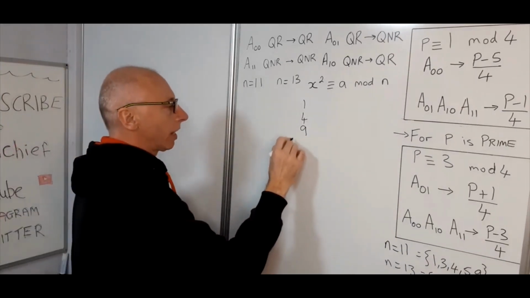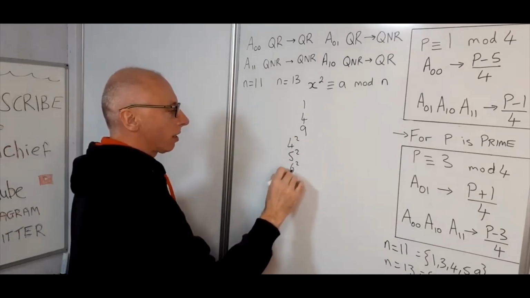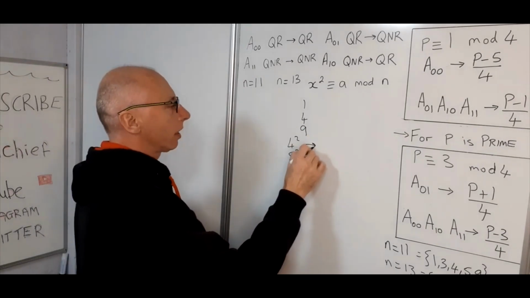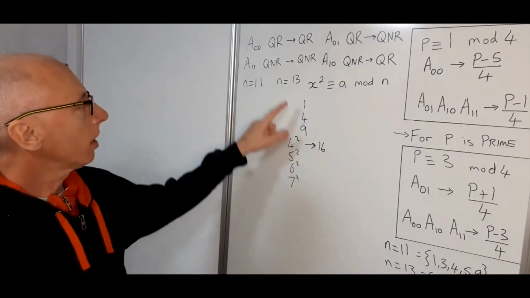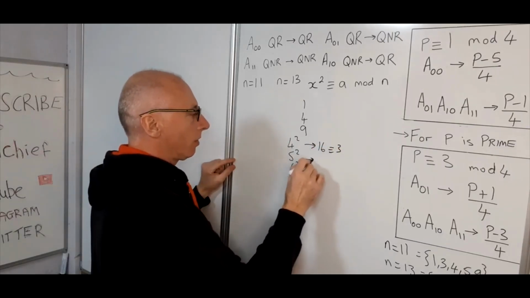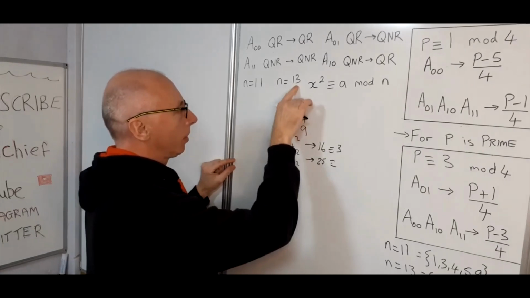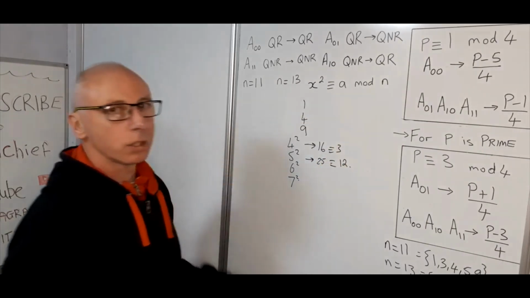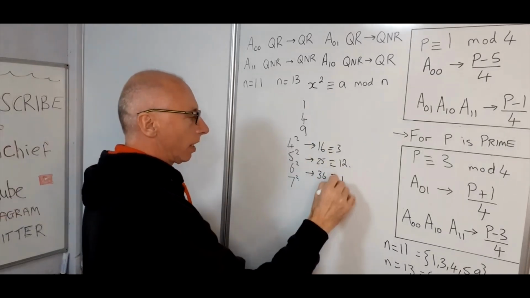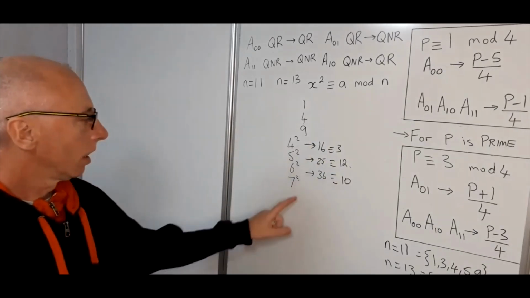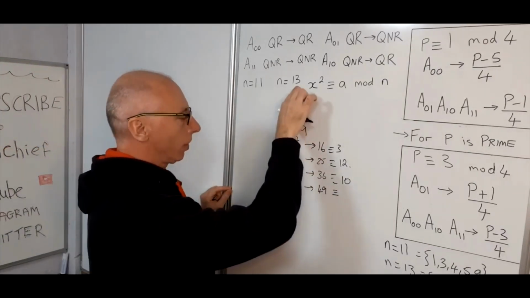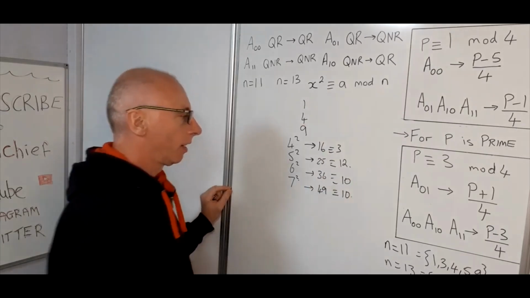So now all we're interested in is 4 squared, 5 squared, 6 squared, 7 squared. 4 squared yields 16. 16 modulus 13 yields a 3. 5 squared, 25, mod 13 yields a 12. 6 squared, 36, yields a 10 modulus 13. And 7 squared is 49. 49 modulus 13 yields a 10 again.